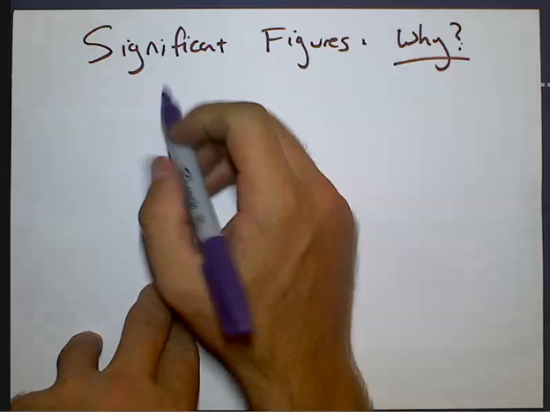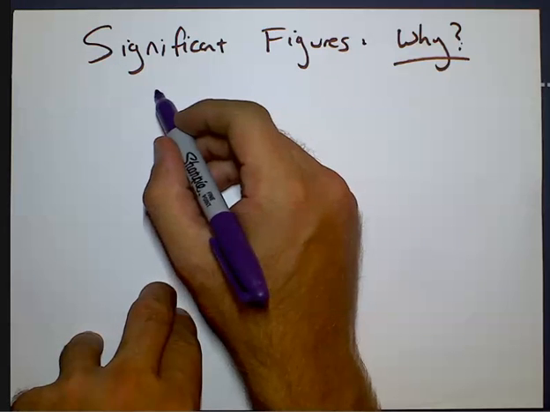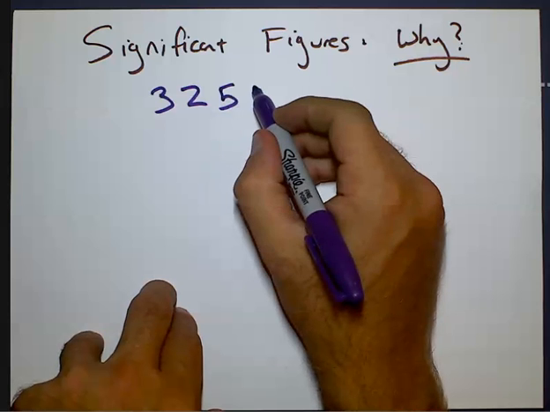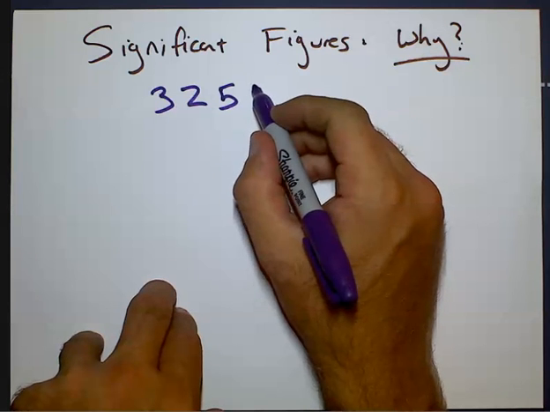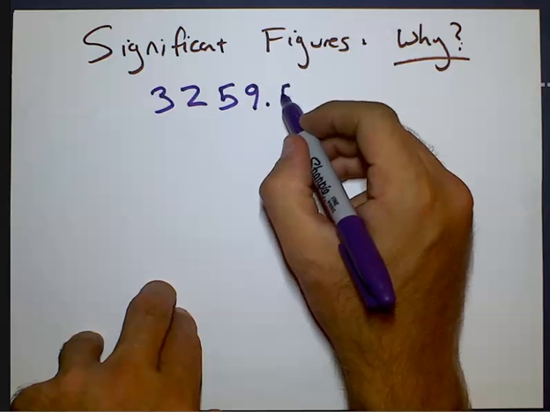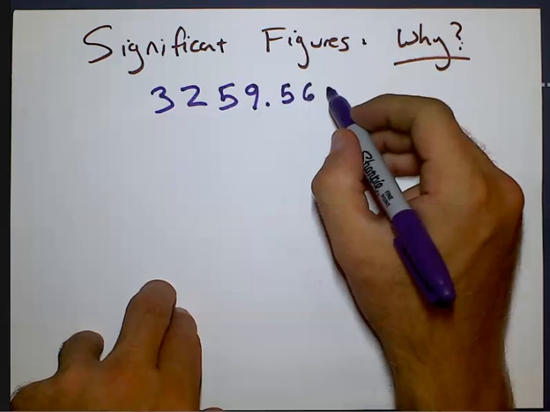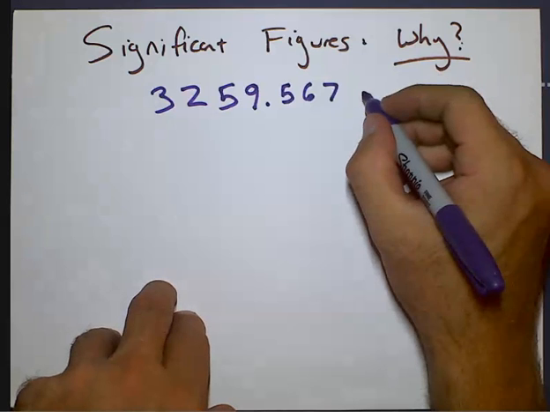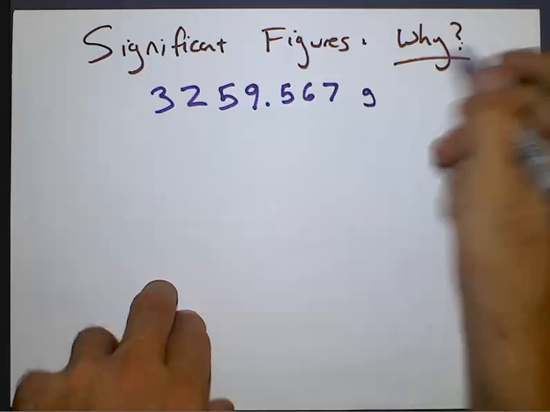The number we're going to start with is 3,259.567, and we'll give that a unit of grams.